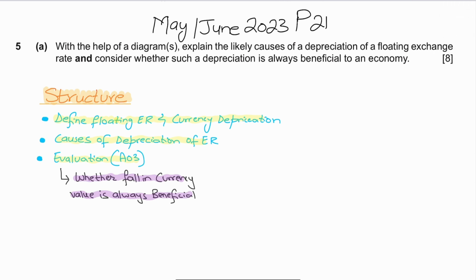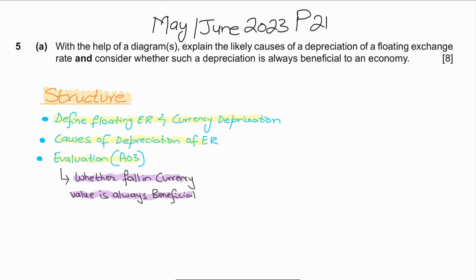So, like I said, we'll start with the definition. You could say that a floating exchange rate is when the external value of a currency is determined purely by the supply and demand forces of the currency in the foreign exchange market, without any sort of intervention by the central bank.